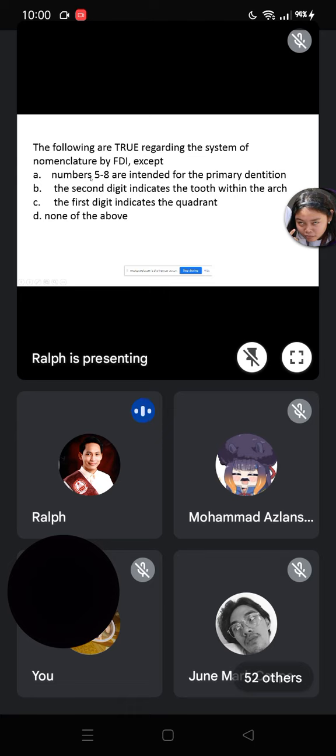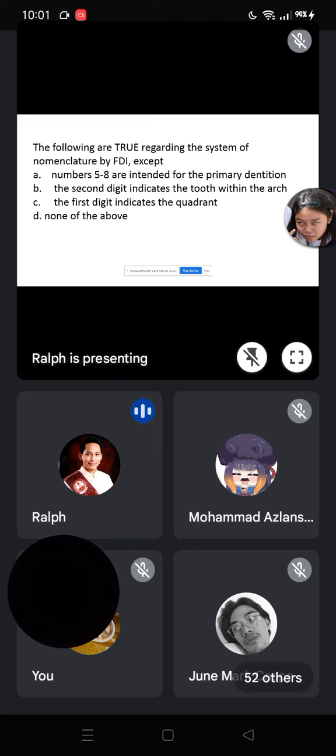Numbers 5 to 8 are intended for the primary dentition, right? Quadrants 1 to 4 for the permanent. Quadrants 5 to 8 for the primary. So therefore, that's correct. Now, see, the first digit indicates the quadrant, correct? In two-digit system, each digit represents something. The first digit represents the quadrant where the tooth belongs, like quadrant 1, quadrant 2, quadrant 3, quadrant 4.